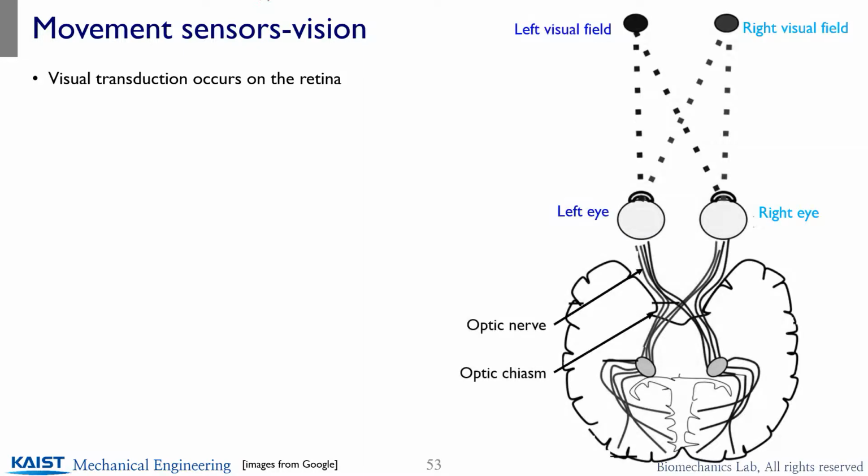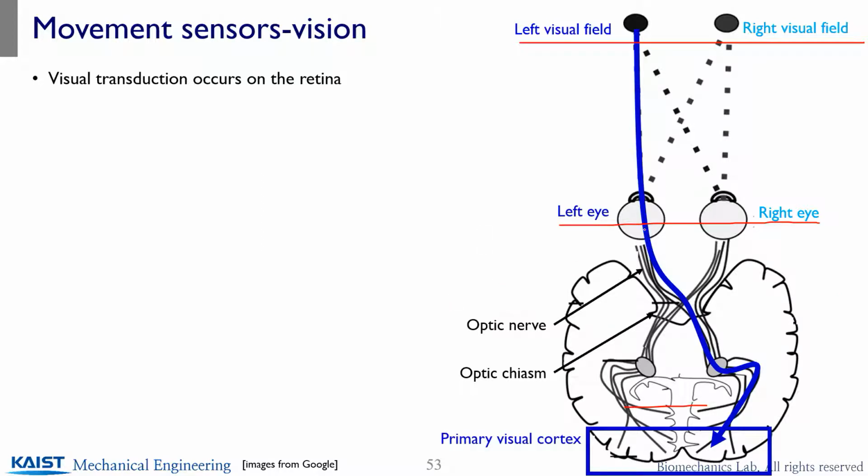Okay, for vision, we all know about vision very well. Not only does it carry the image, it also carries movement information. So let's briefly go over the signal pathway. There is the visual field, and light is caught through the eye, and the information is transferred to the nerves. An electrical pulse signal is generated through the optic nerve, and then there are some ipsilateral and bilateral transfers, meaning the left eye's neural signal is sent to the left part of the brain as well as the right part of the brain.